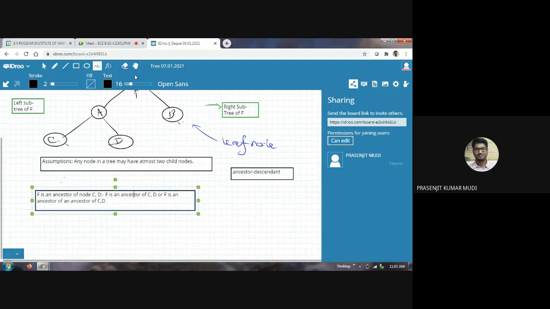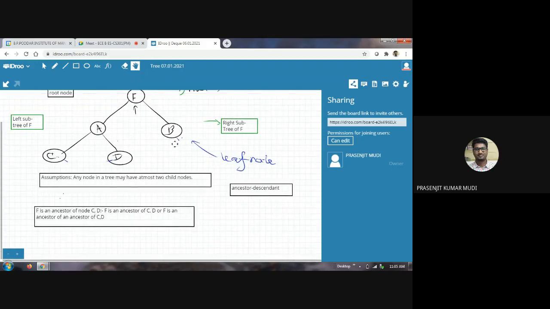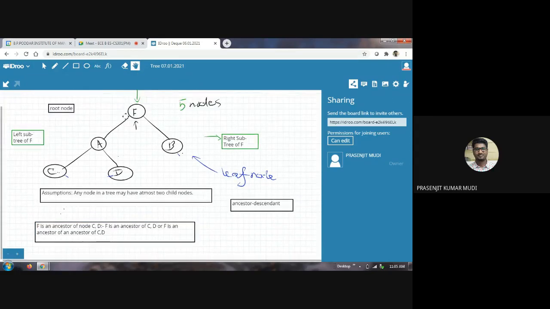Here we don't call it a father, we call it root. But let's not mention root here, because root is unique. For this particular tree, the root node is F. So we want to fix that part.